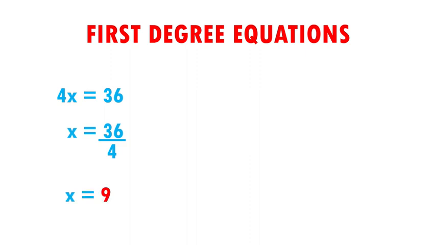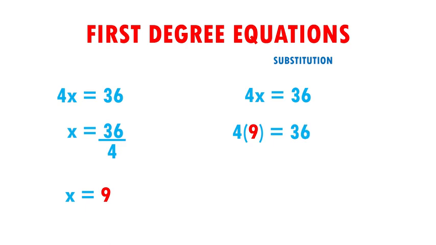To see if my result is correct, I have to substitute and put the same equation. 4x equals 36. Now I'm going to substitute. This means that instead of putting the x, I'm going to put its value. And 4 times 9, which is the value of x, is equal to 36.